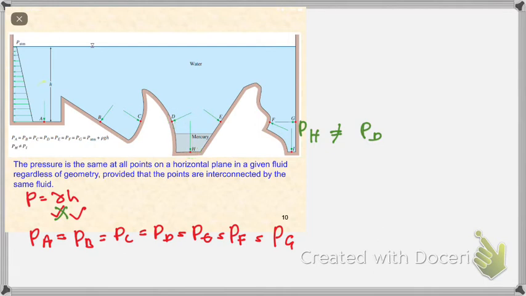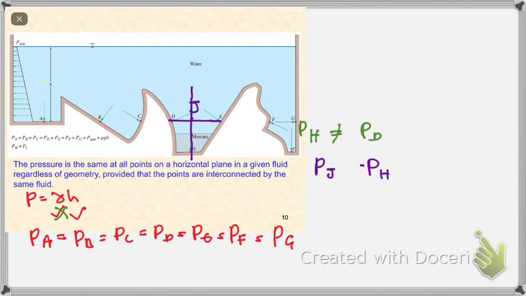Next, let's say we compare another point. We create a new point between D and E, point J. So PJ with PH: it's on the same vertical line, but is it in the same liquid?